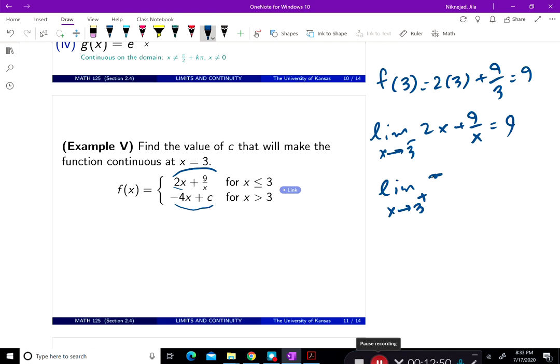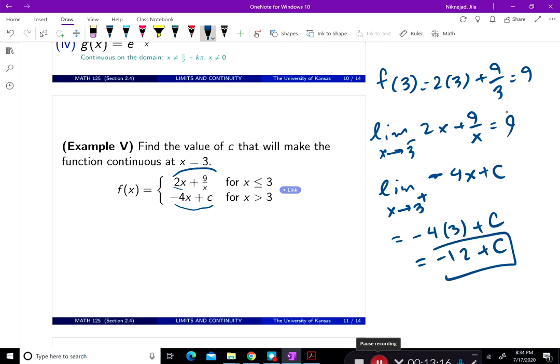So I have to find the limit of this. Again, this is a continuous function, so as x approaches any value within its domain, I can just plug in. Negative 4 times 3 plus c, and that is negative 12 plus c. So this value should be equal to this value, equal to that value.